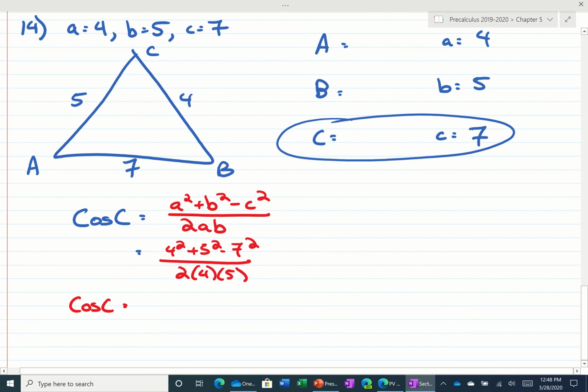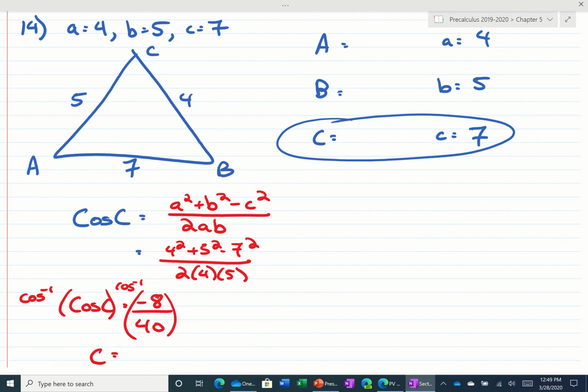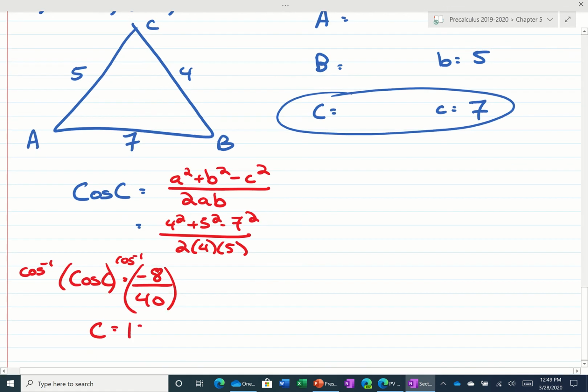So 4 squared plus 5 squared minus 7 squared is negative 8. 2 times 4 times 5 is 40. So if I take the inverse cosine of negative 8 over 40, I get angle C, which is 101.5 degrees.